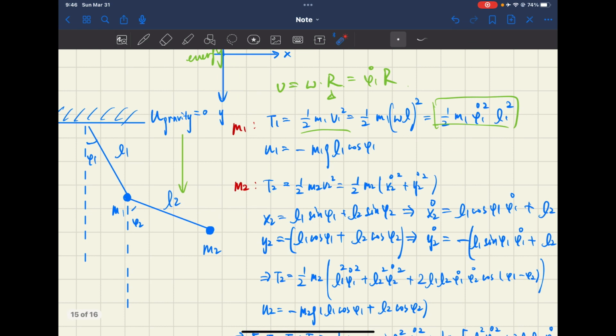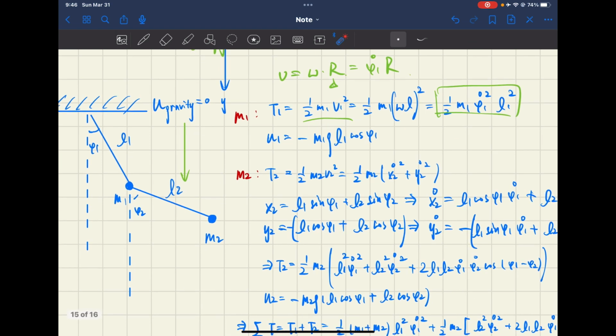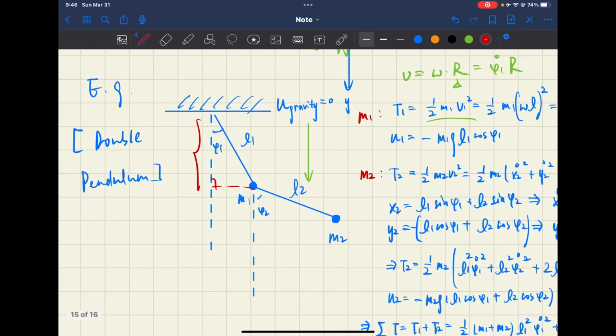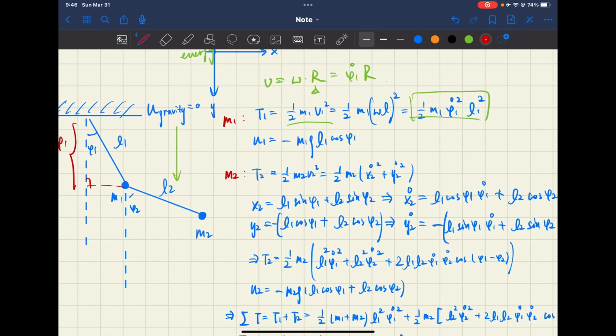From the geometry in the graph, if we draw a line perpendicular to this, the length equals L1 cosine phi 1, and then that's all for mass 1.